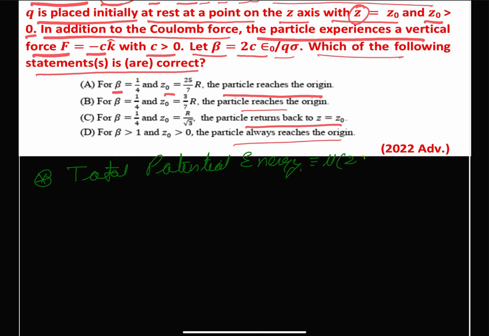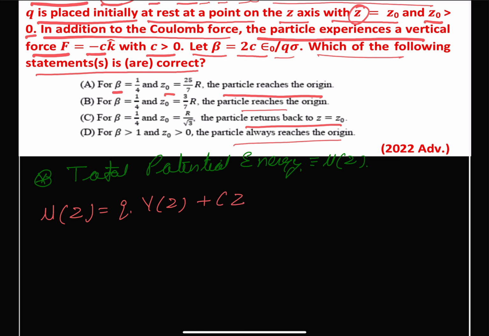Then we can say that our U of z will be equal to charge multiplied by the potential plus c times z.